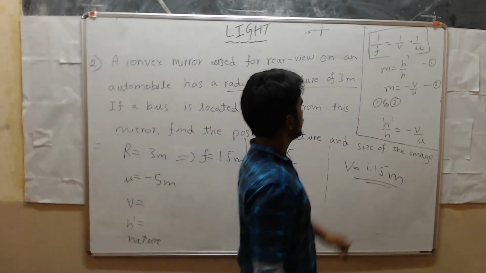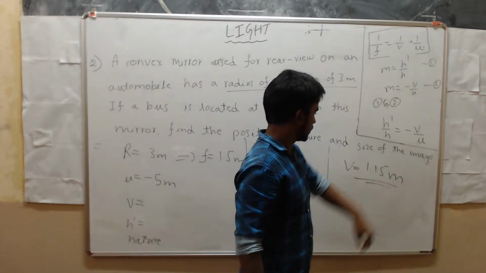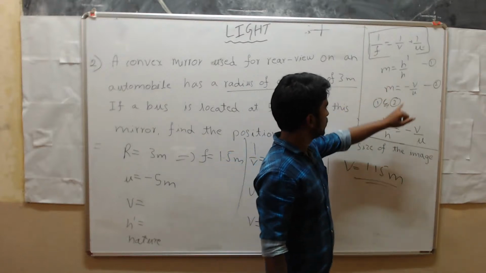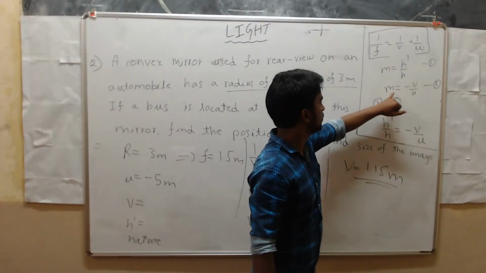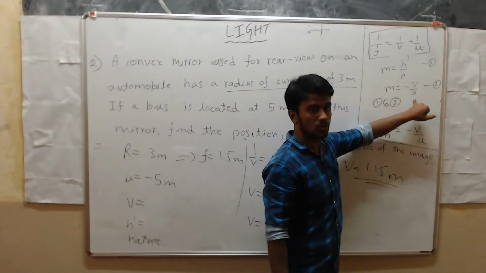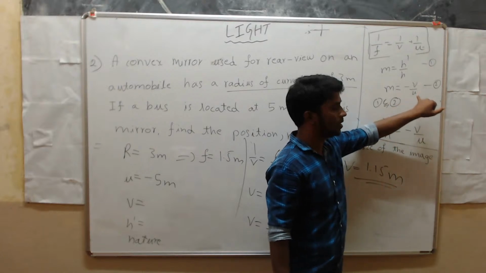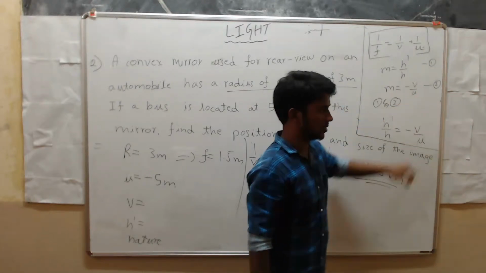So here we can't use this one. To calculate h dash, first find out the magnification. So we can go with m equal to minus v by u, because we know the v value and u value. Do it.